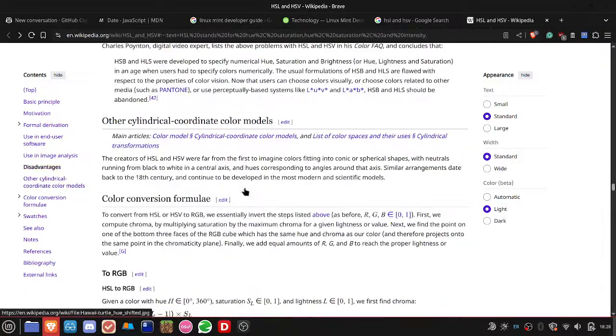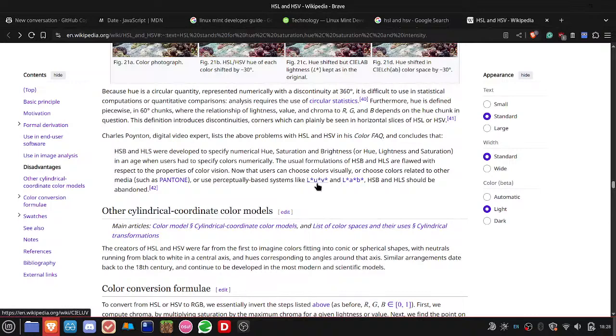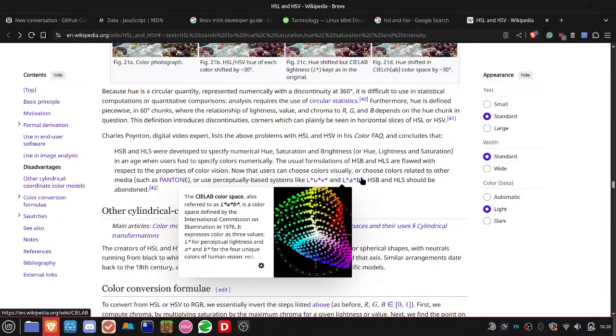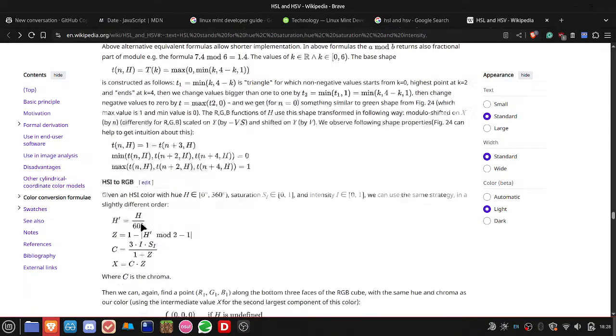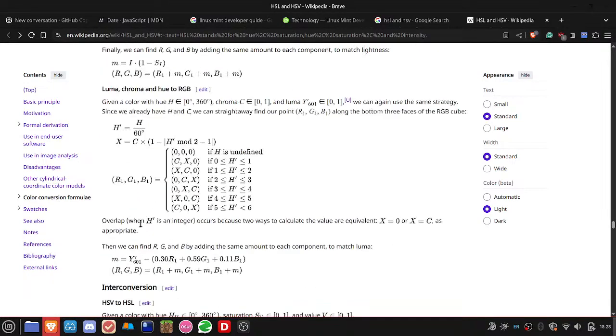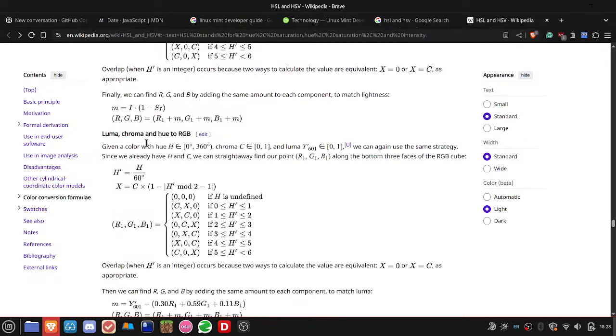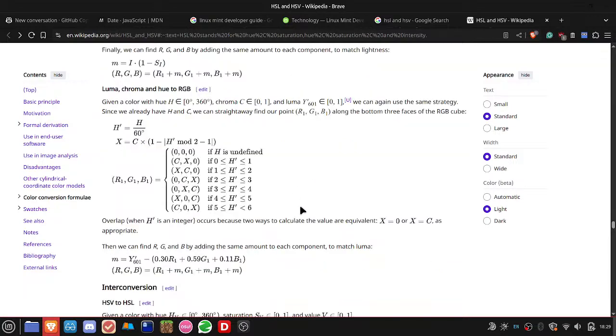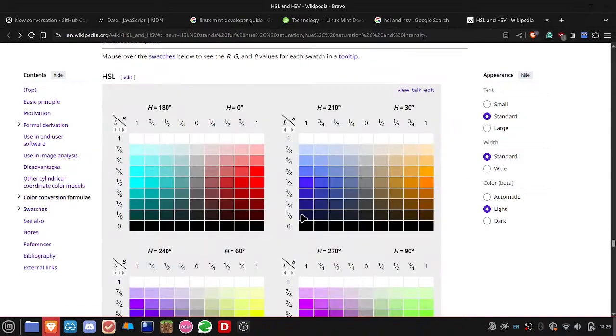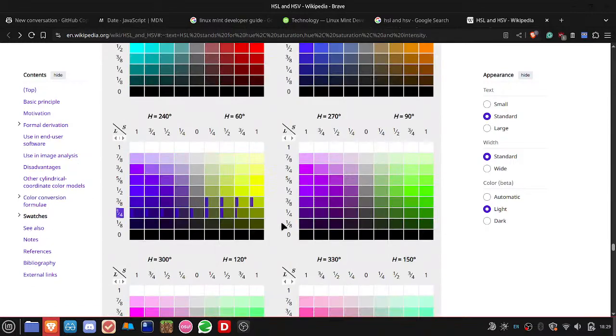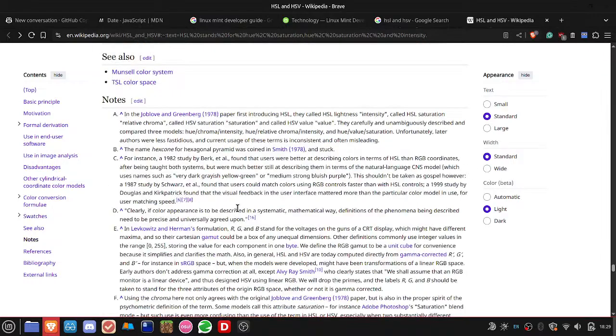LCH, C star, H star. This one. Hue, Chroma, Luma.